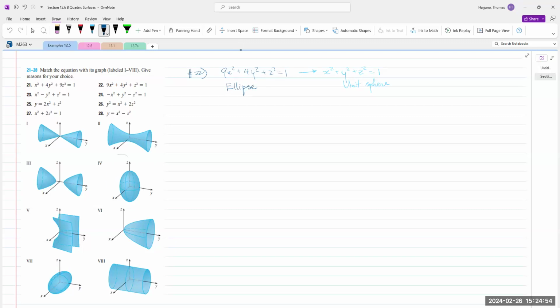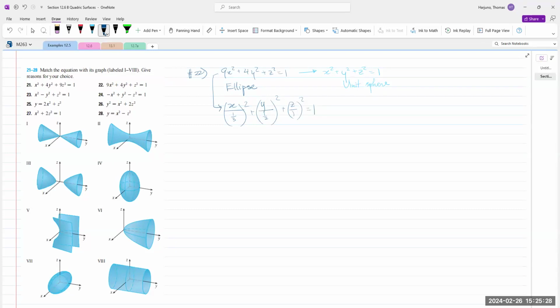Now, the thing is, we have 2 ellipsoids here. Which one is the one we want? That's where we get more detail, right? So we will rewrite this as x over 1/3, squared, plus y over 1/2, squared, plus z over 1, squared, equals 1.